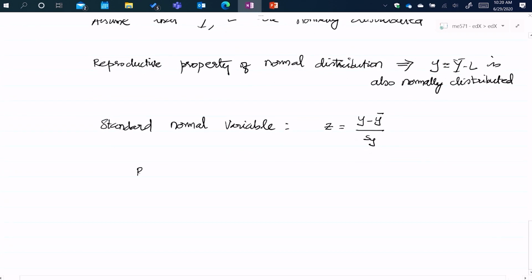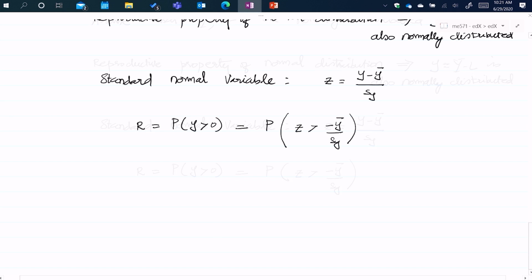And reliability is the probability that little y is greater than 0, which is the probability that z is greater than negative of y bar over s sub y. And so now we can ask, what is y bar?